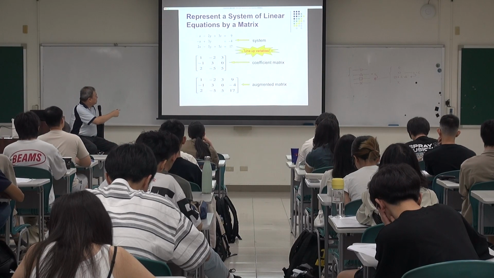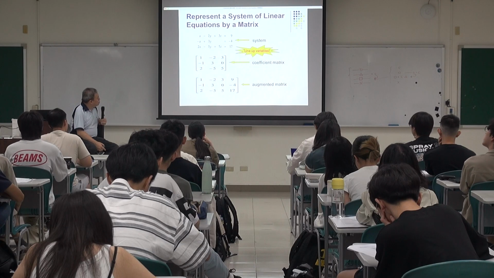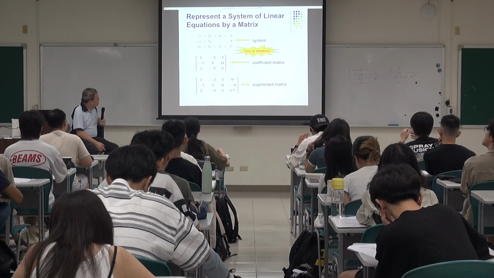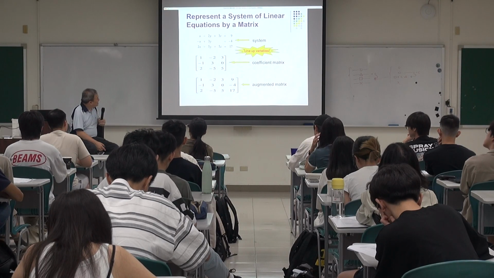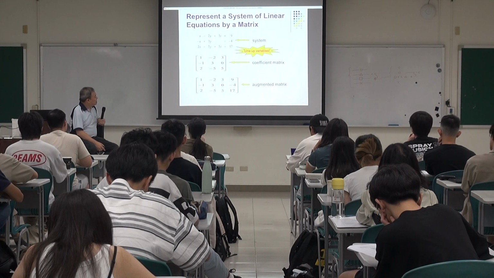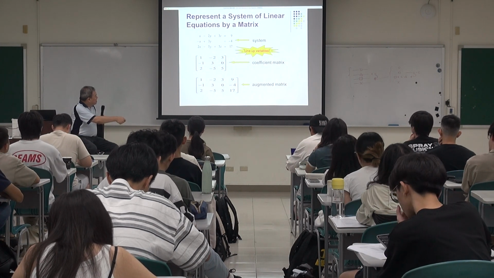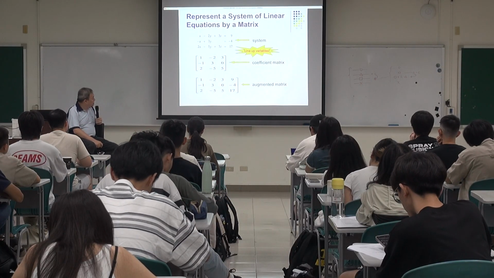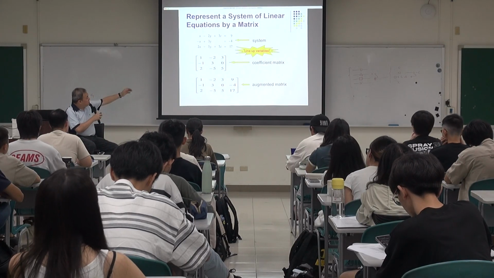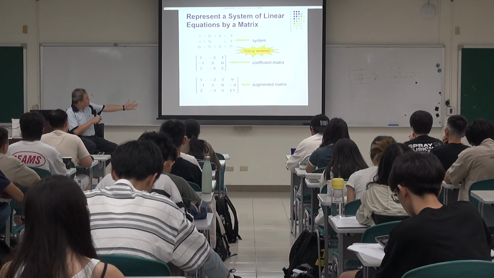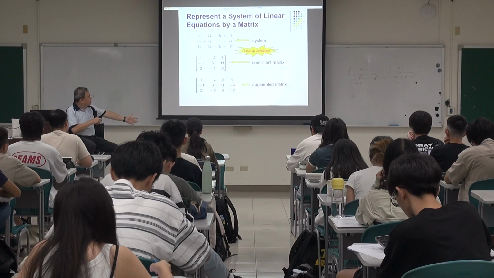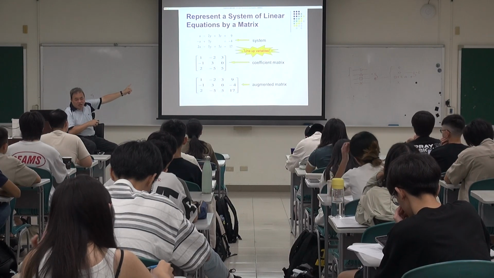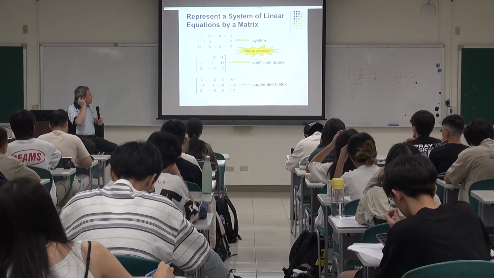And if you want to include the constants on the right hand side in the matrix, you will have one additional column. It's called an augmented matrix. The only difference between the coefficient matrix and the augmented matrix is that in the augmented matrix you have one additional column that comes from the right hand side of this system of linear equations.